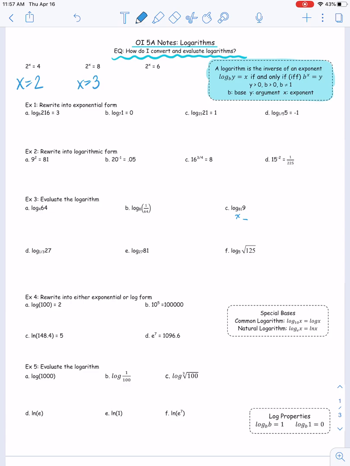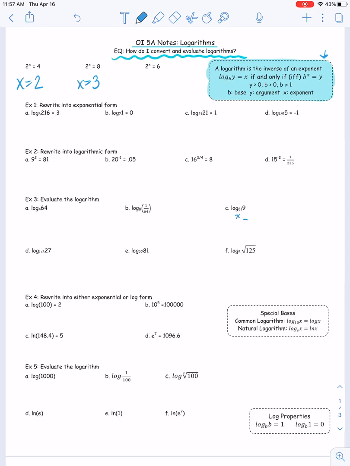If we look at this box here in our notes, it says log base b of y is equal to x if and only if b to the x power equals y. B is representing your base in that exponential equation. So b raised to the x power, base raised to some exponent, is going to equal a number.